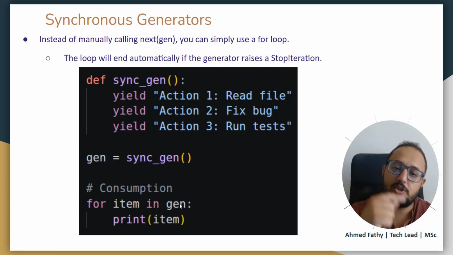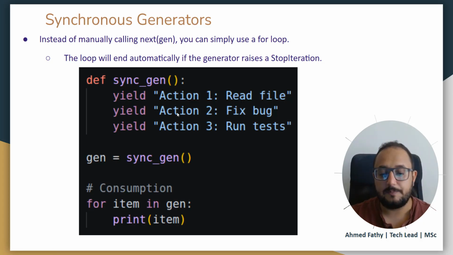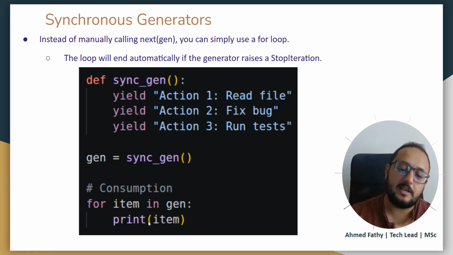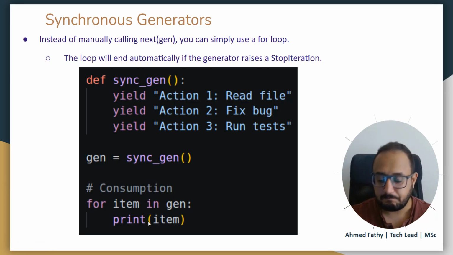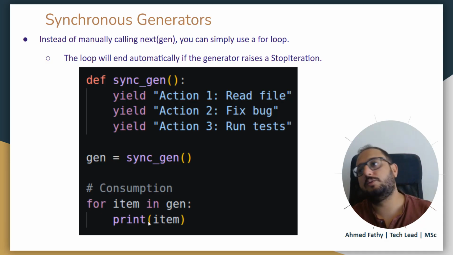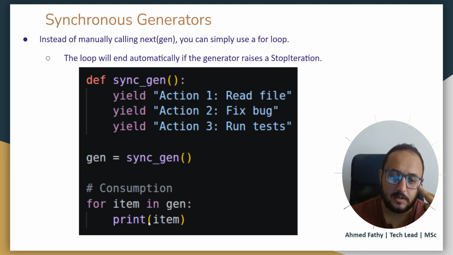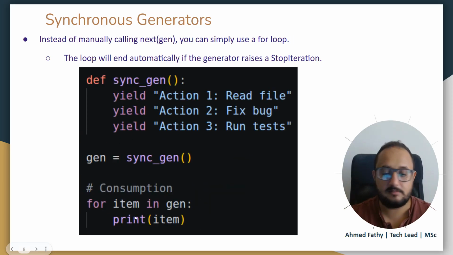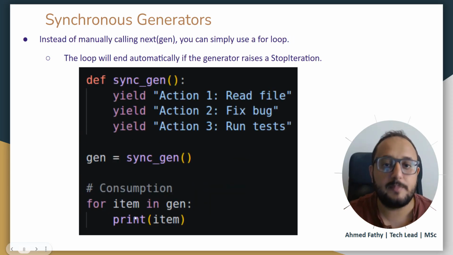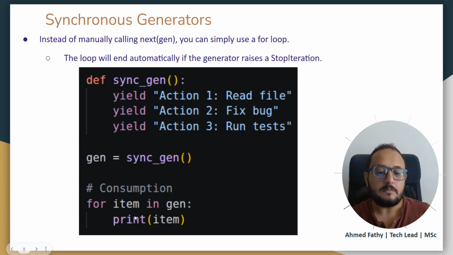It loops over this generator and prints the yielded items. When the generator raises StopIteration, you just stop without the user seeing an exception. This does the exact same thing, and in the for loop you don't use next, you just loop and next is applied automatically for you.